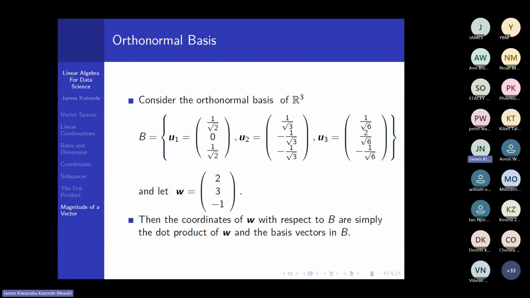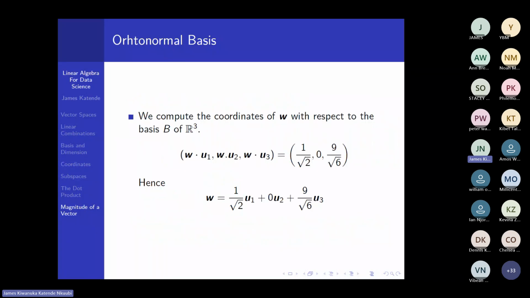If you want the coefficient of U1, simply get the dot product of U1 and W. That will give you the coefficient. The coefficient of U2 in the linear expansion is just the dot product of U2 and W. You do the same with U3: get the dot product with W, and you get the coefficient for U3. We'll see how that works in the next slide.